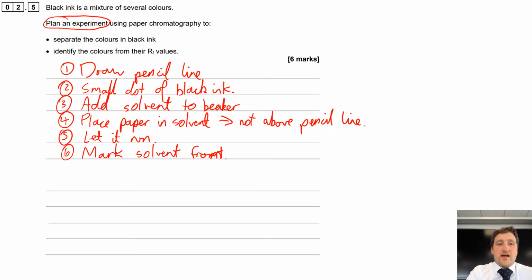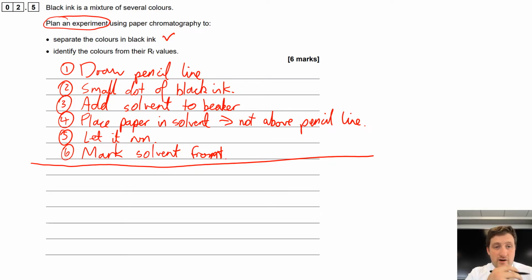Okay, now, have we separated the colors in black ink now? Yes. So we can actually tick that first bullet point and go back to it. That's why the bullet points are there. It's to help us, it's to help you work out if you've answered all the points for this question. Okay, so we can almost draw a line under it and say that is how we separate the colors. The next part is how do we identify the colors.